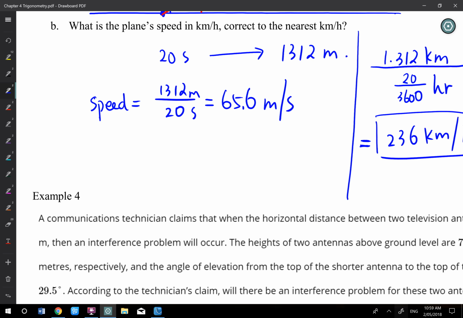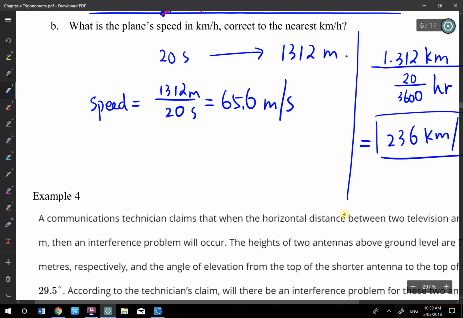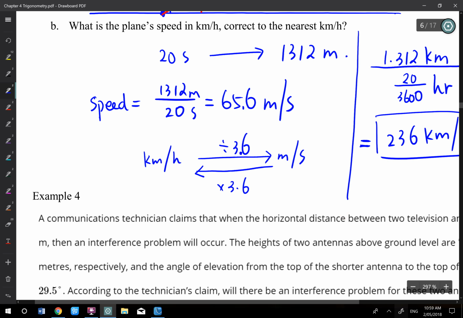One more thing. For the unit, from meters per second convert to kilometers per hour, I need to times by 3.6, and the other way I need to divide by 3.6.